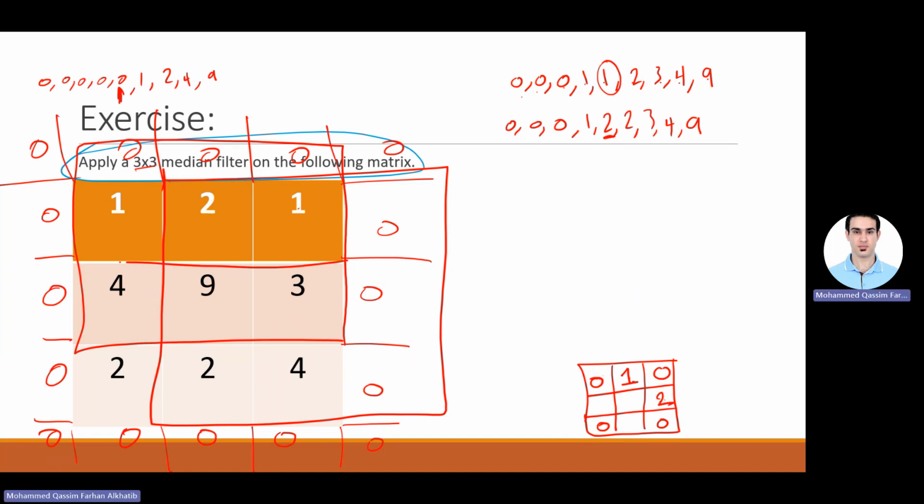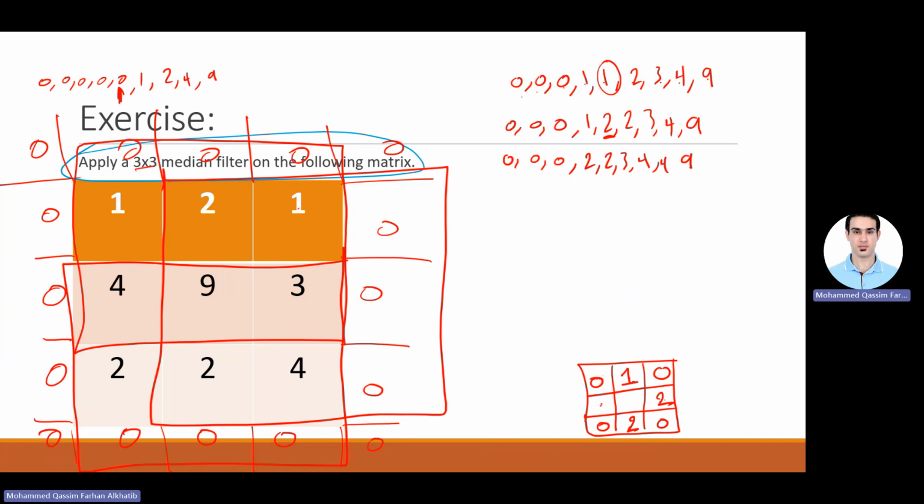Now this one here, find the value of this pixel. I'll have 3 zeros. Then 2, 2, 4, 2, 2, 3, 3, 4, 4, 9. Okay, so it's going to be 2.